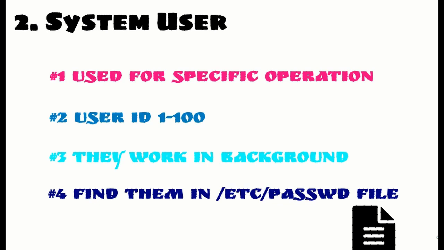Some example names of these users are like daemon, bin, games, man, ip, mails, news, proxy, backup, list, etc. So very common names you can see. By these, they are actually the names of the users in the Unix operating system.